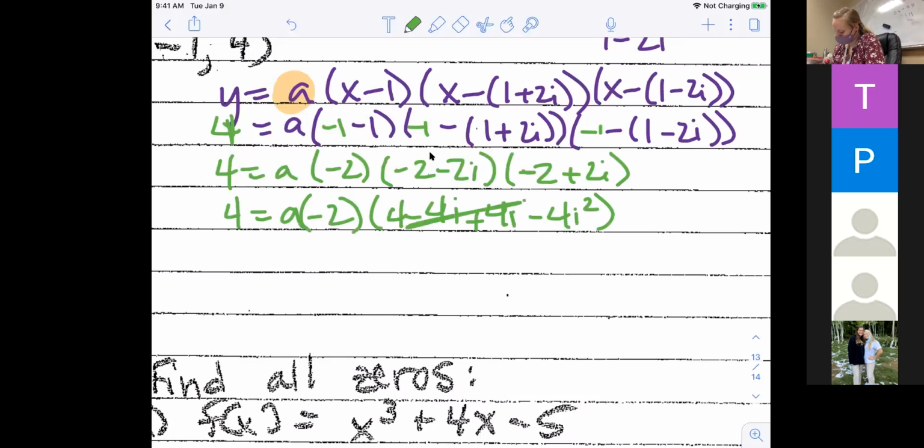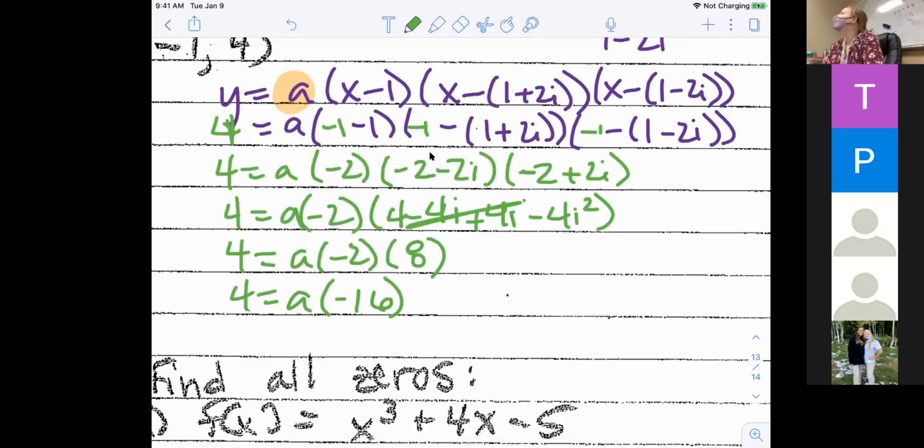Then negative 4i squared becomes plus 4, so now I get 8. So I've got 4 equals a times negative 2 times 8. Negative 2 times 8 is negative 16. Hang in there, we're almost done. Divide by negative 16 on both sides. I get a equals 4 over negative 16 is the same thing as negative 1/4.